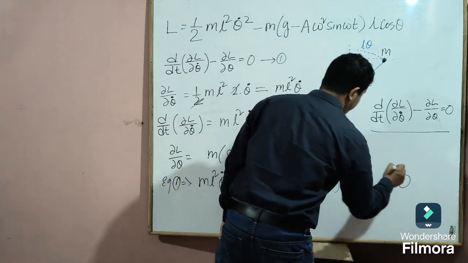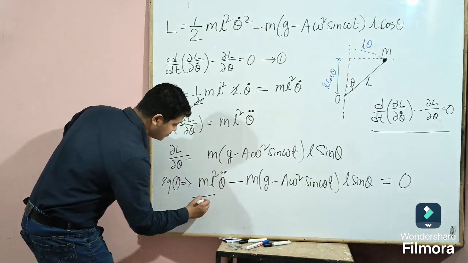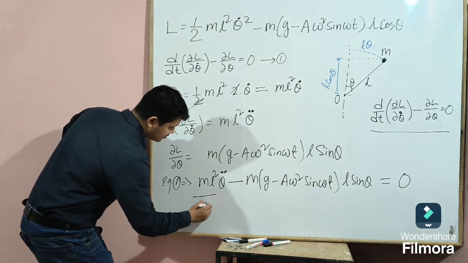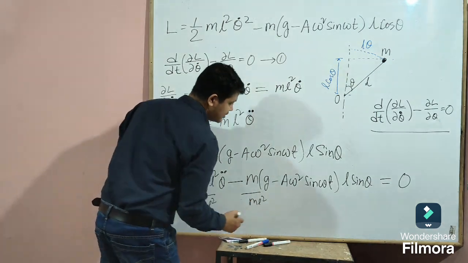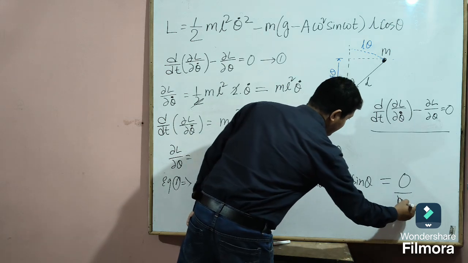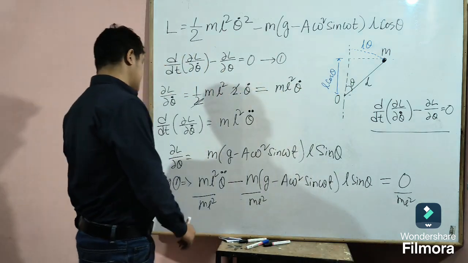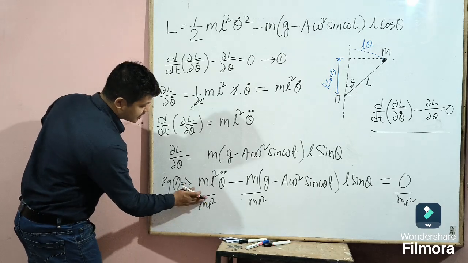Sorry, I forgot to put that. Now let's divide both sides by m l square, and l square cancels.